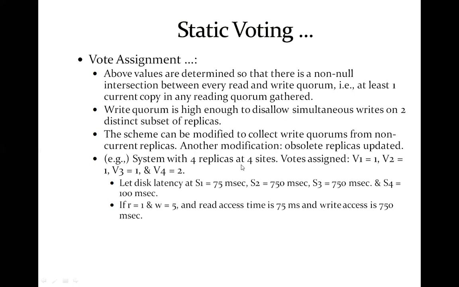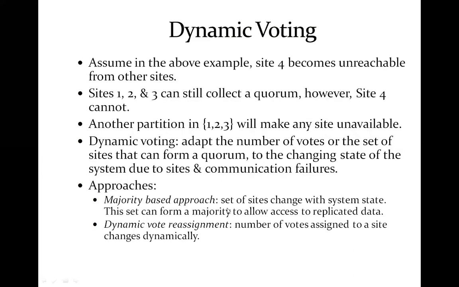suppose we have 4 replicas at 4 different sites, and the votes assigned to the different sites are V1 is 1, V2 is 1, V3 is 1, and V4 is 2. Now suppose site number 4 is going to fail. So what happens?